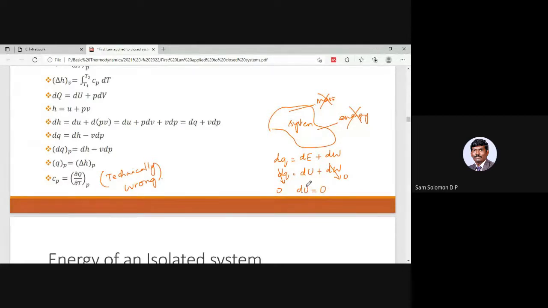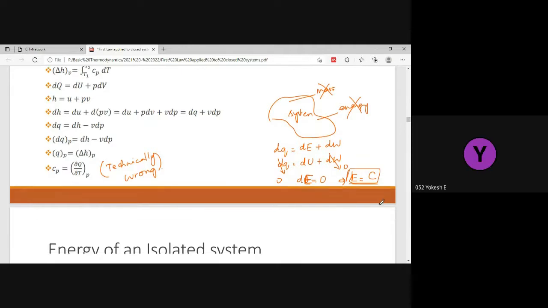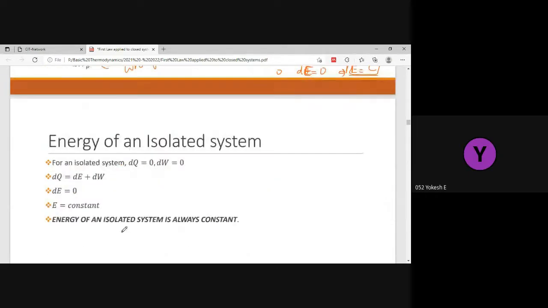Mathematically, if dE is equal to 0, energy is equal to constant. So for an isolated system, because there is no work transfer and no heat transfer, dE is equal to 0, which means the energy of an isolated system is always constant. That is the interpretation we get out of it.